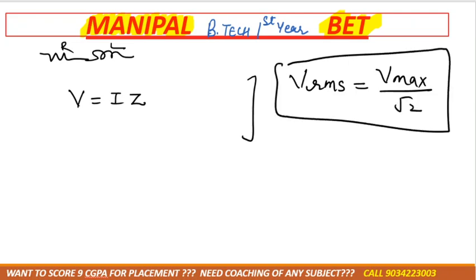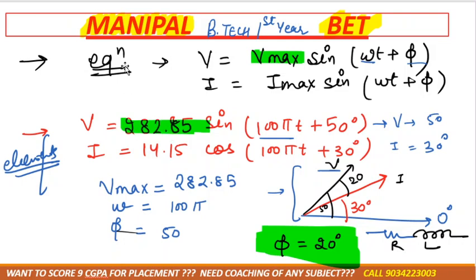I think you have studied this in 12th class also, right? So can we say the same thing, IRMS is equal to Imax by root 2? Now we already know the voltage Vmax, this one. We already know the current. Can we get Z?